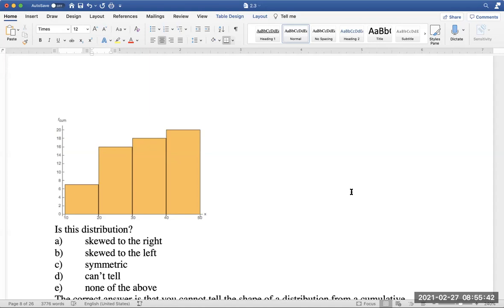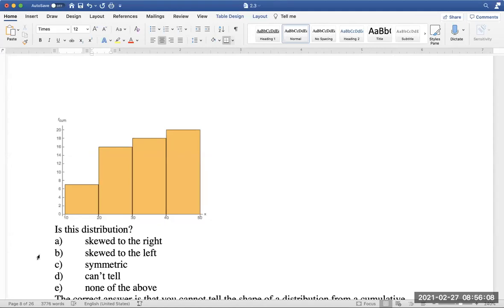I think it's skewed to the left. Okay, so skewed to the left. So either skewed to the right or skewed to the left. There's some sort of disagreement there. Any other choices? So it's either A or B.